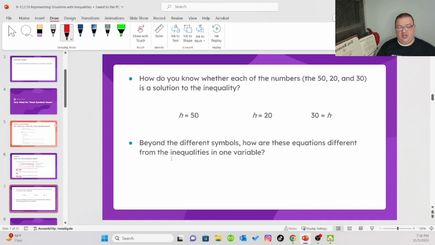But when we're talking about inequalities, now we're saying it's less than, it's greater than, it's less than or equal to, and finally we could be saying it's greater than or equal to. So now, instead of saying the left and right sides are equal, we're saying that one side is larger than, smaller than, or equal to the right side.